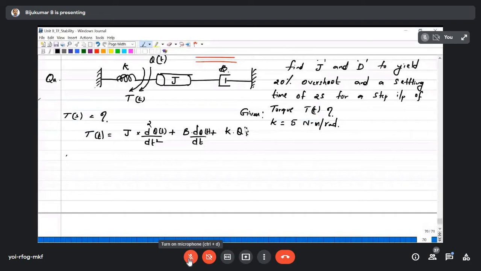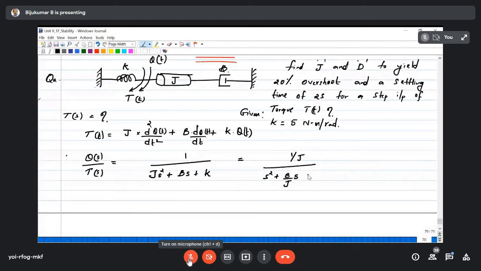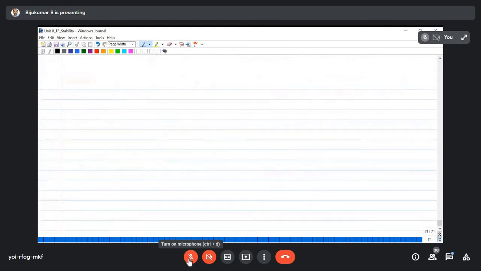Applying Laplace transform, we can write theta of S divided by T of S is equal to 1 divided by J S square plus B S plus K. If you take J common, you can write 1 by J divided by S square plus B by J S plus K by J, right? So if you compare with the standard form of a second order system, what can we write?